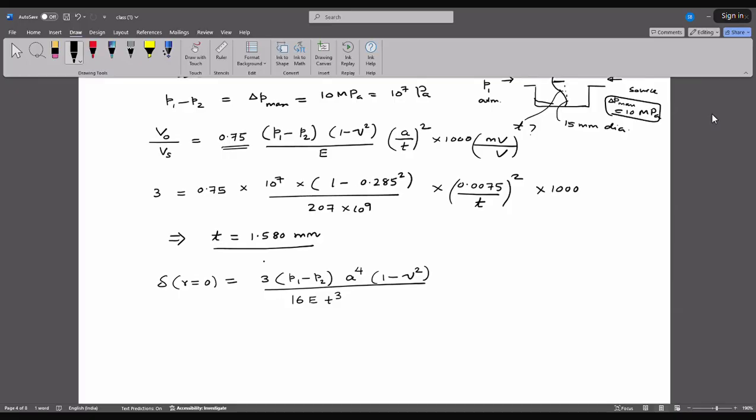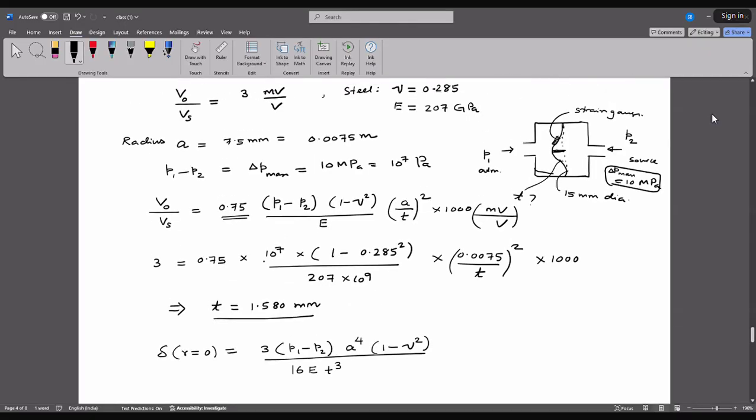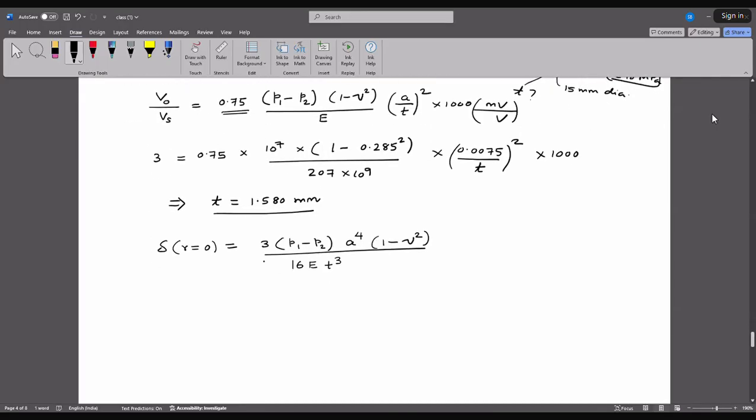So this is the formula for the delta at the center of this membrane, the maximum deflection, delta max. This formula is given in your notebook, and you will have it in the slide. If you just substitute the values, this is 10 to the power 7, A is 0.0075 to the power 4.